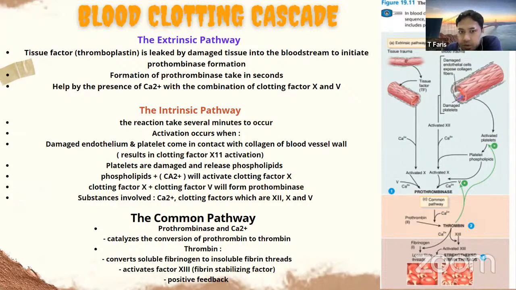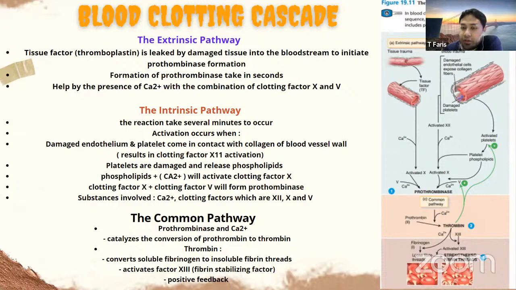So what you need to know is to determine the severity of the wound. If it's only a minor scar or minor cuts, it doesn't give a lot of blood coming out. Maybe 1 liter, 2 liters, maybe you will die.